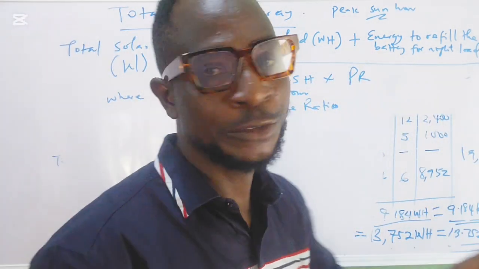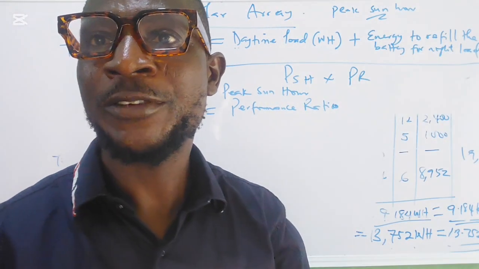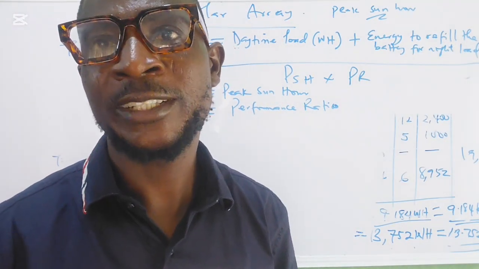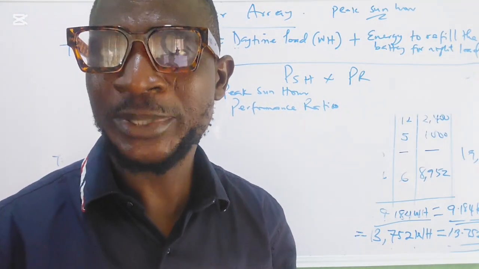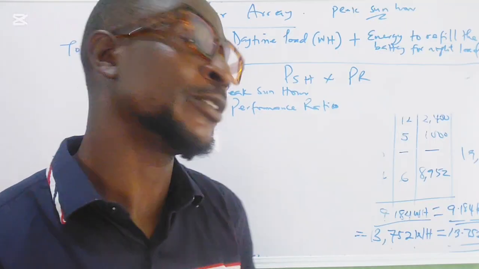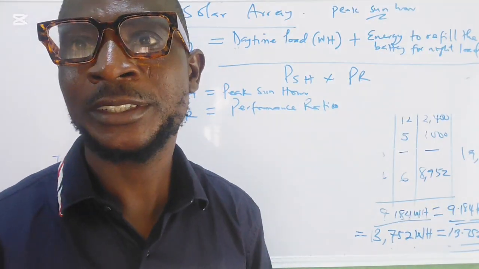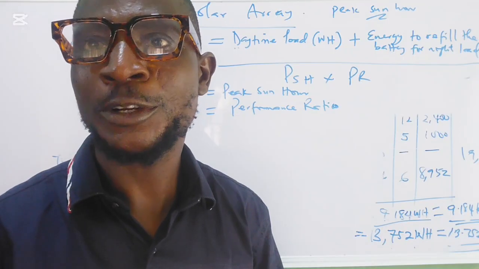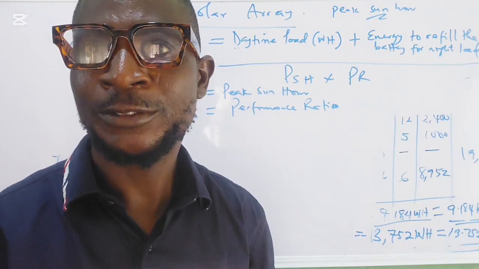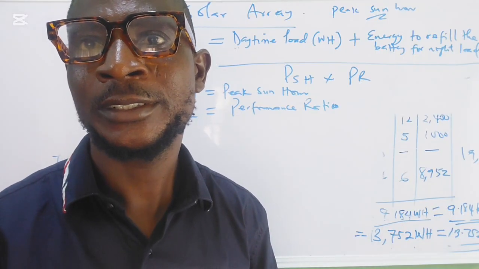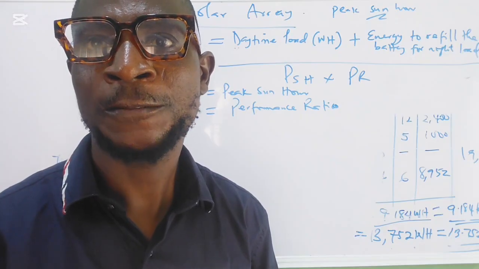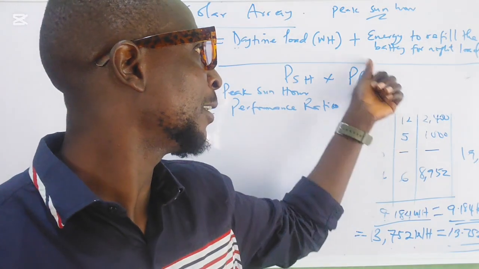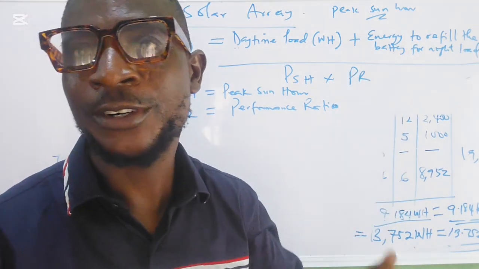We agree that we'll be using a performance ratio of 80%, because it can range from 75%, 80%, 85%, but you have a lot of losses due to heat, losses from your charge controller, from dust. So this performance ratio accounts for all the losses.